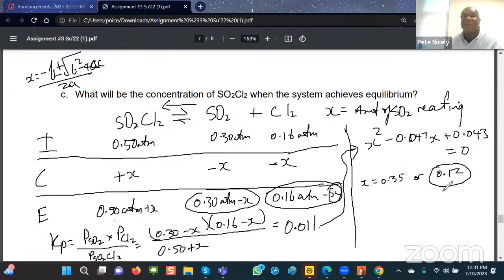Okay, so now that we have established what x is, we can find out what the pressure of SO2Cl2 is, because remember, the question is asking for the concentration of SO2Cl2.